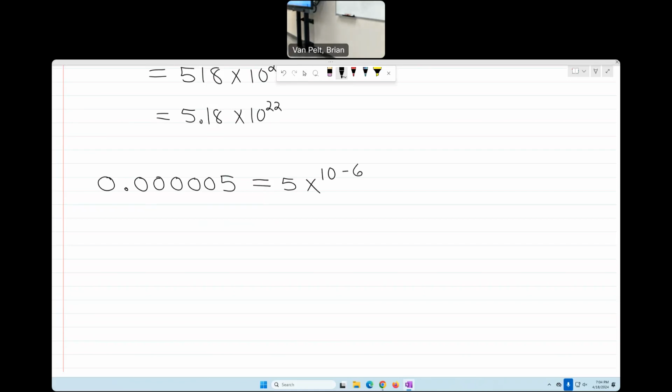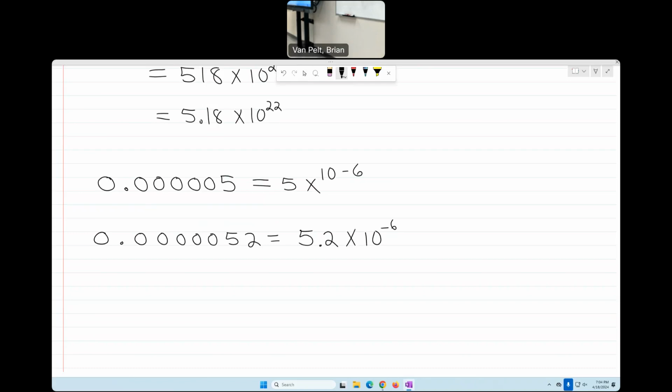Let's do the same problem, but with 5 zeros, then 52. Tell me what you get. 5.2 times 10 to the negative 6. Once again, only one digit before the decimal is allowed, and the rest of the digits go after it.